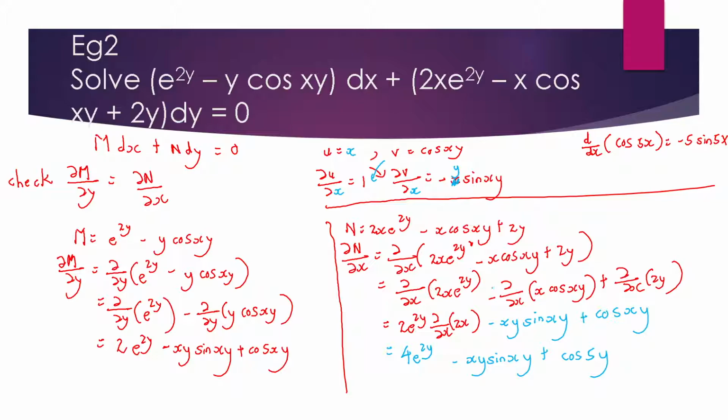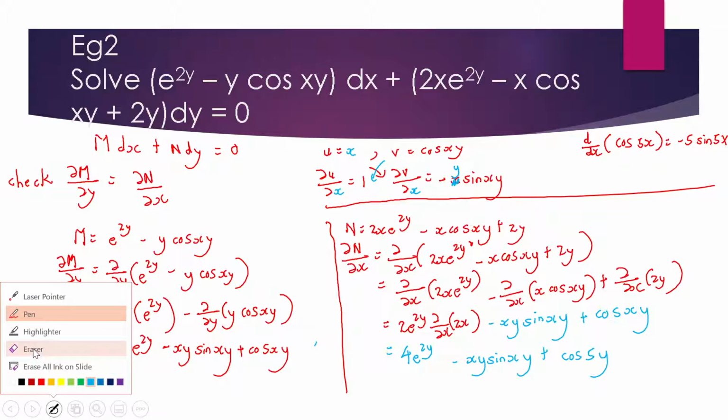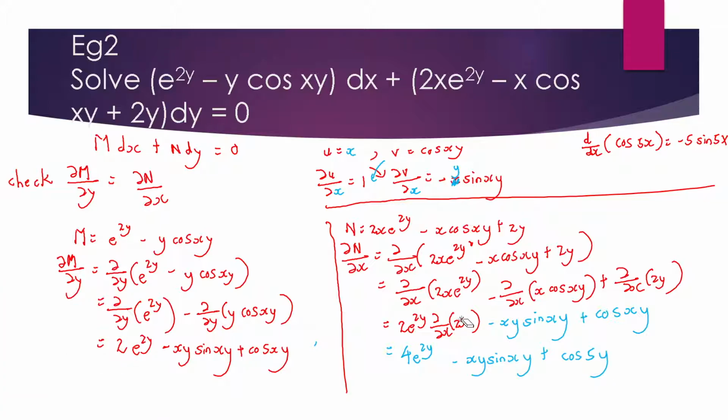Oh, sorry. Already factor out 2x, so this one no more x. Here, for del n del x, del x 2x exponent 2y. I already factor out 2 exponent 2y, meaning I already factor out 2.